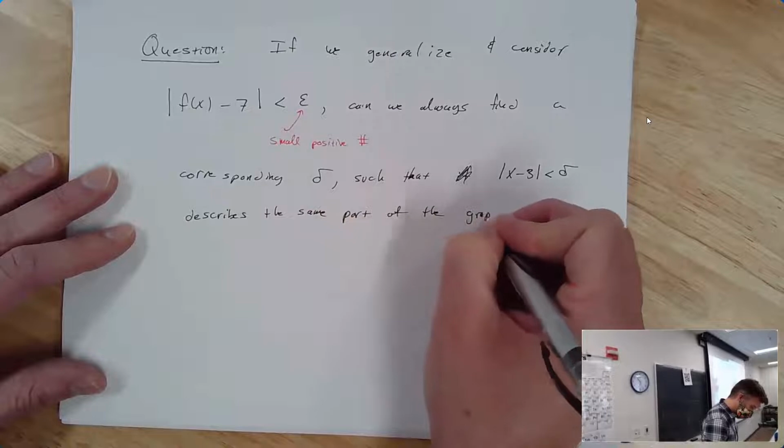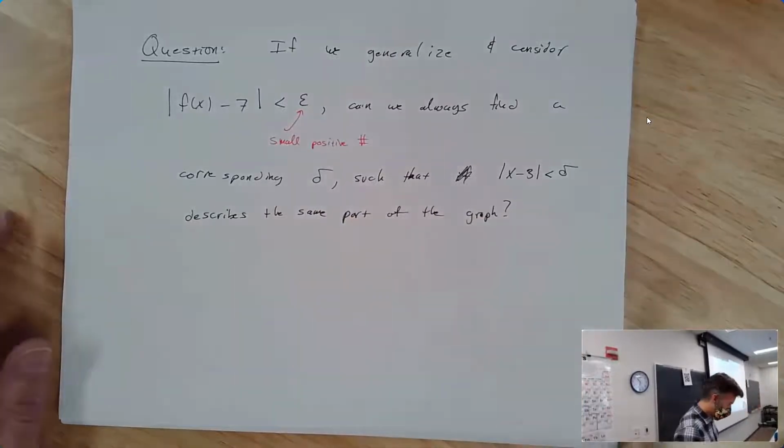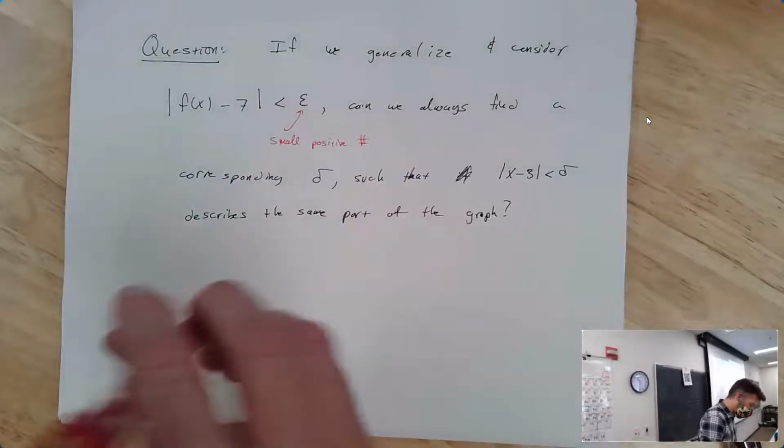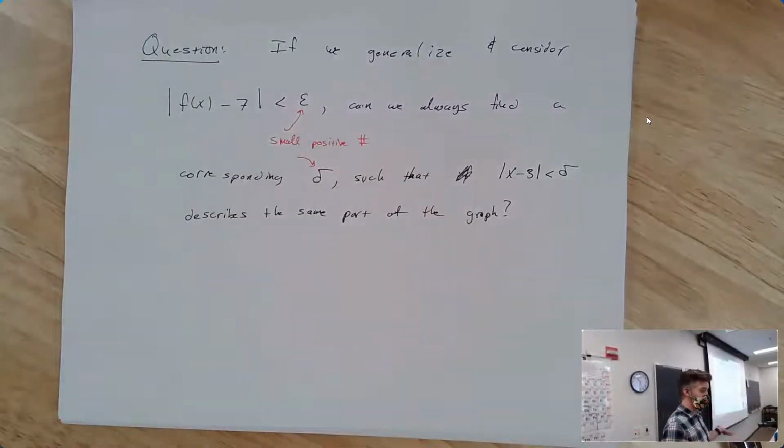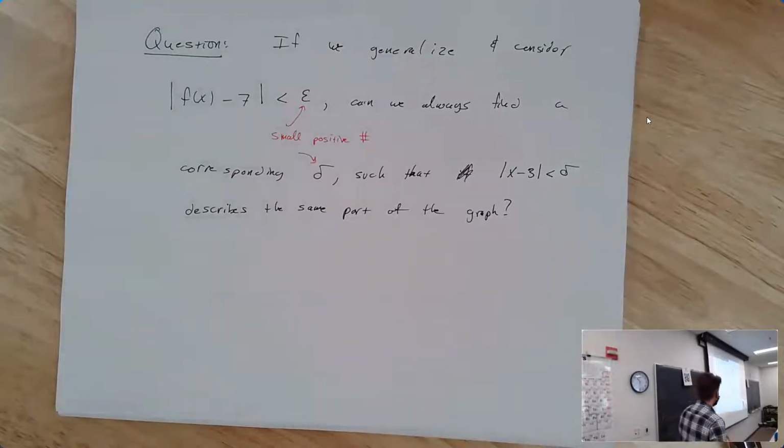That's the question. Delta is also a small positive number. They're not necessarily the same, although they can be. So that's really the question. If the function is within epsilon of 7, can we find a delta so that x being within delta of 2 describes the same region?